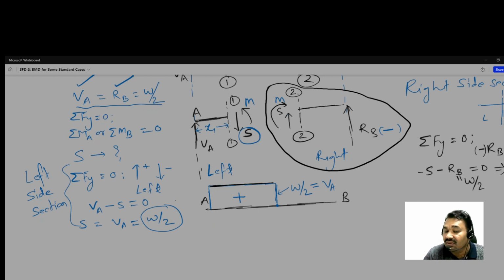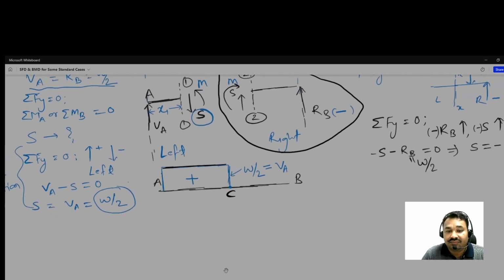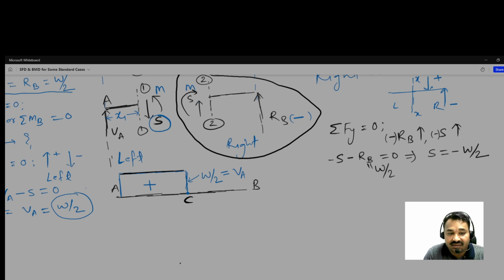Because there is no other load in between A and C. At C there is a point load, before that there is none. Well, now for this section A to C, what about C to B?